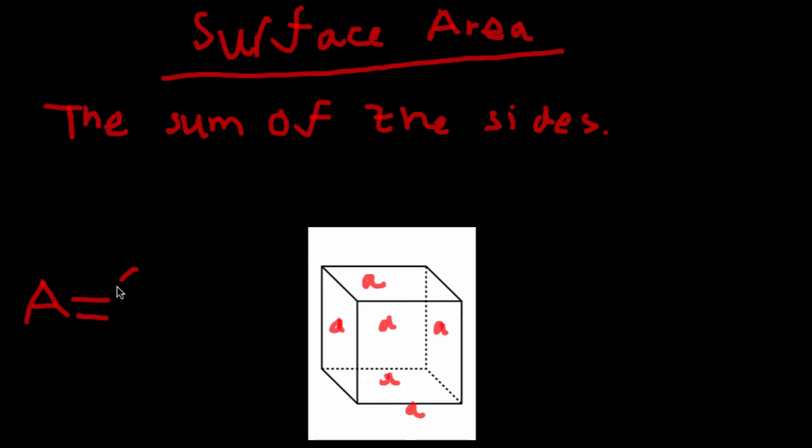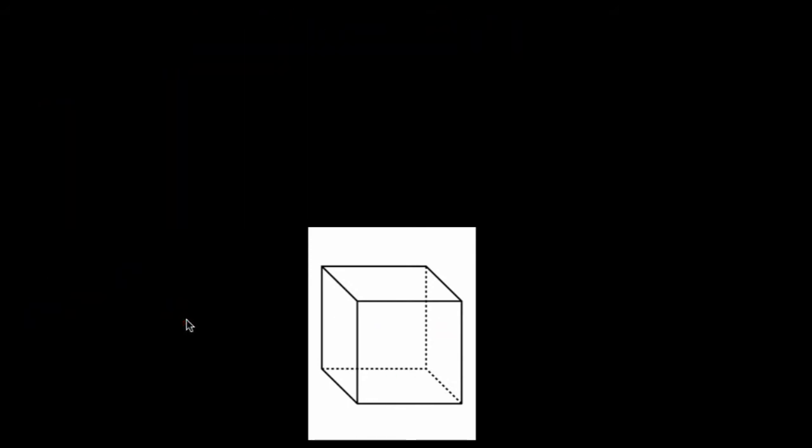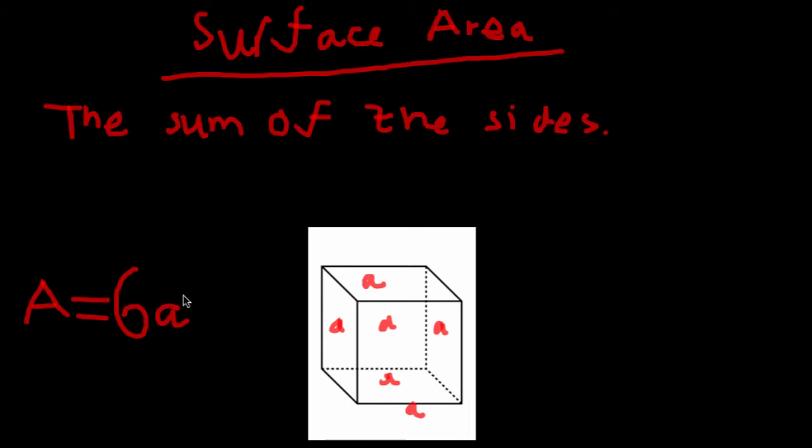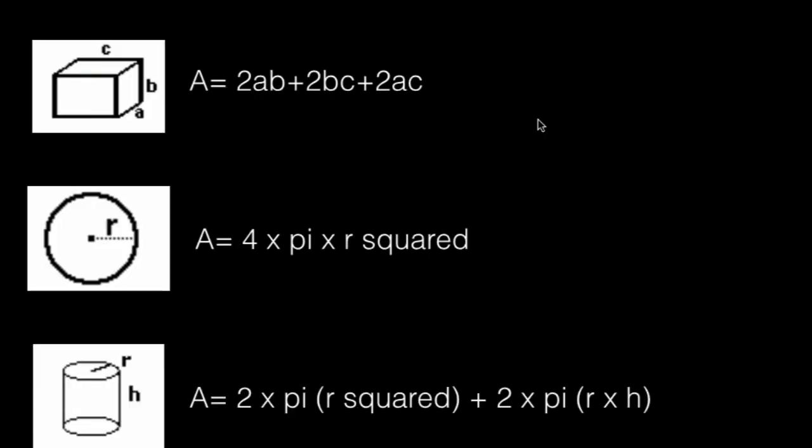So it would be 6a, but then we have to square it in the case of a cube. So here are some formulas of surface area. Here we have of a rectangular prism, of a sphere, and of a cylinder.